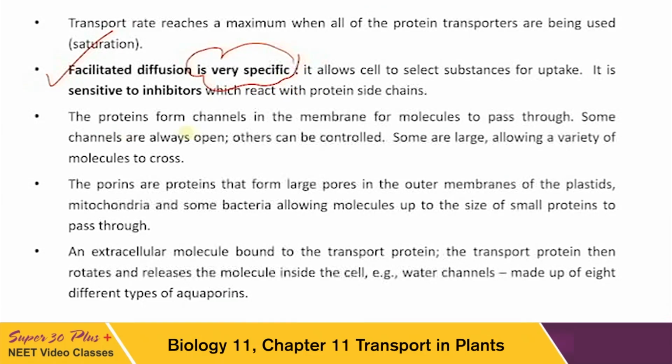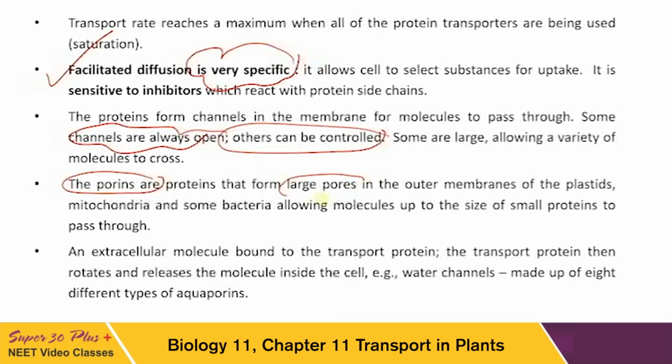And see, proteins form channels in the membrane for a molecule to pass through. Some channels are always open, while others are controlled, important one. The porins are present in membranes. These are large pores in the outer membrane, also found in plastids, mitochondria, some bacteria, and in the plasma membrane.